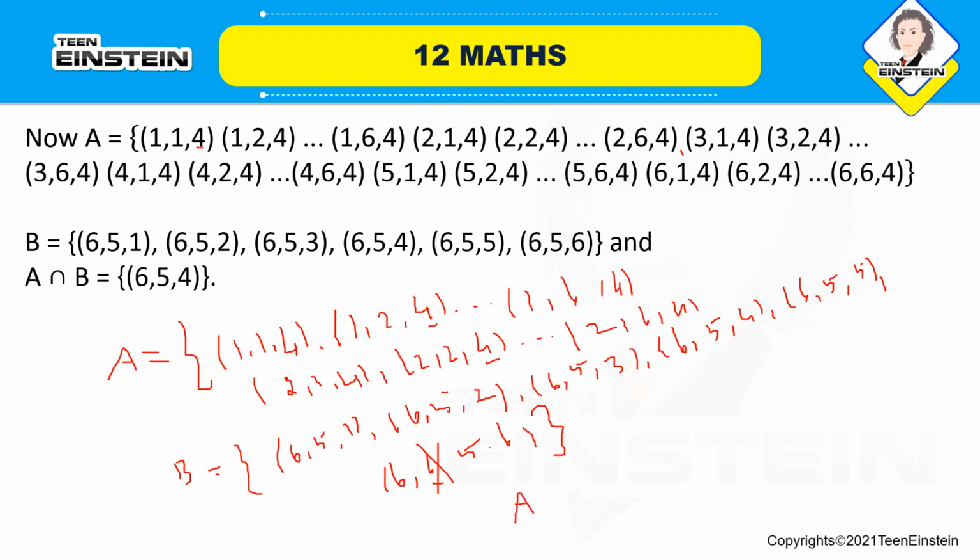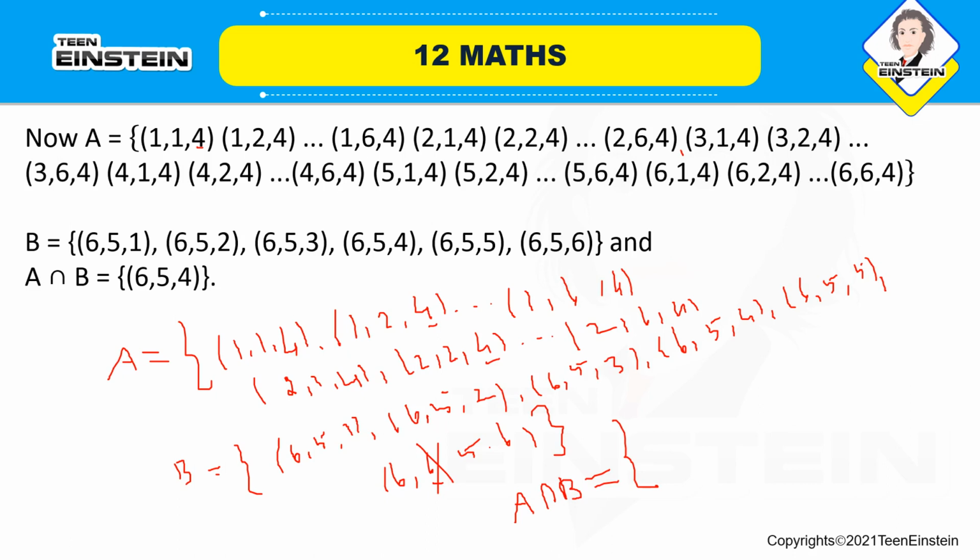What is A intersection B? Here we have 651, no? But the third place is fixed as 4, right?